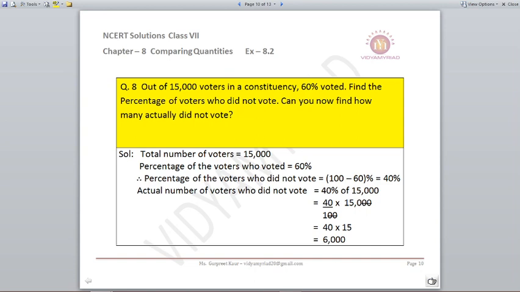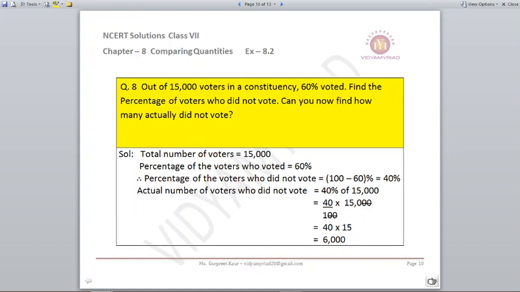Question number 8. Out of 15,000 voters in a constituency, 60% voted. Find the percentage of the voters who did not vote. Can you find how many actually did not vote? So what is the total number of voters? 15,000. How many voted? 60%. How many did not vote? 40%.